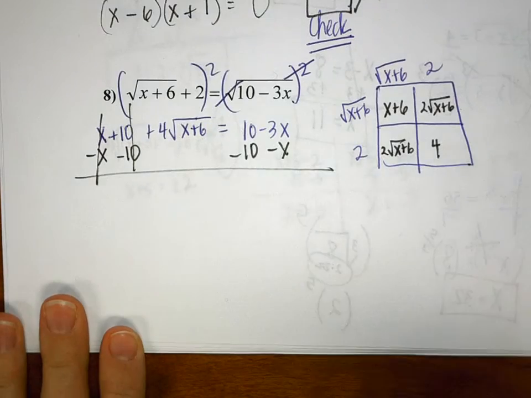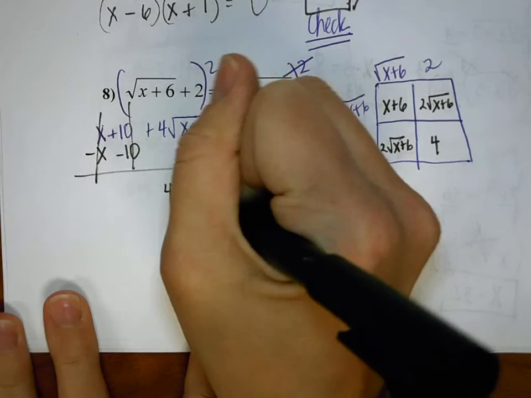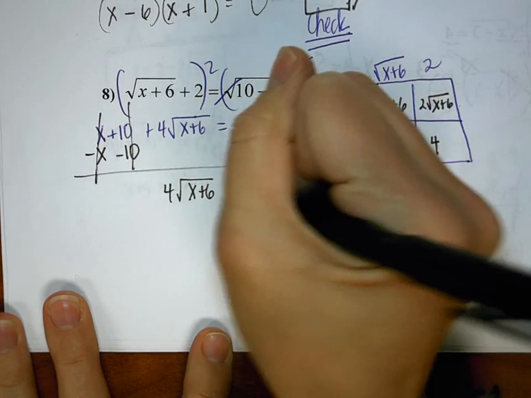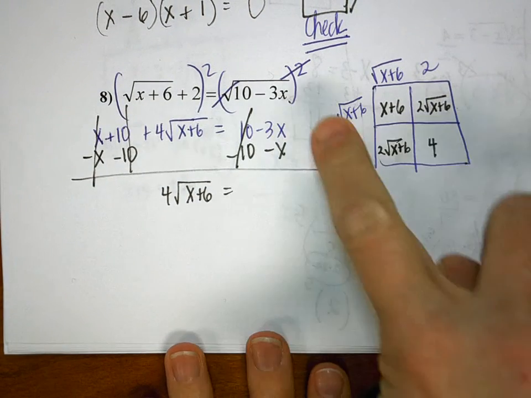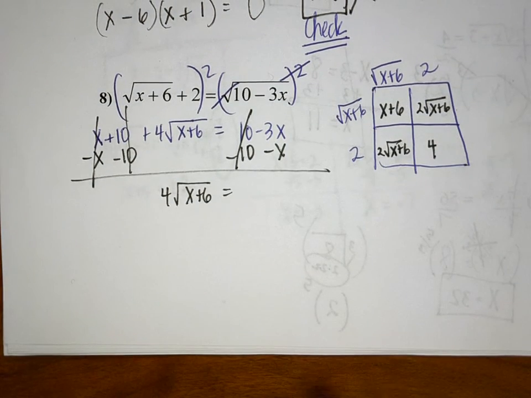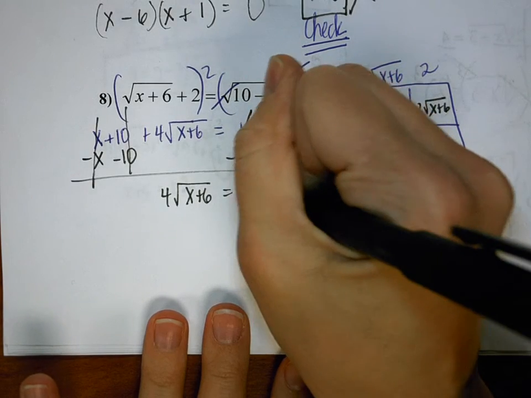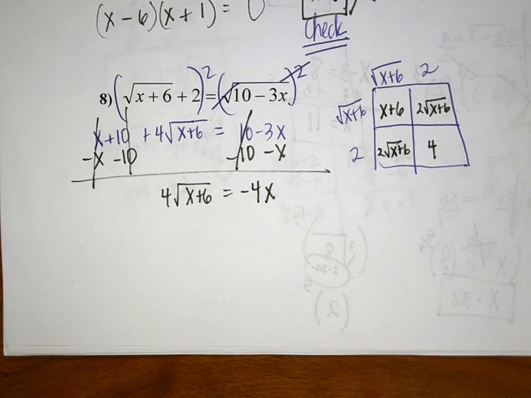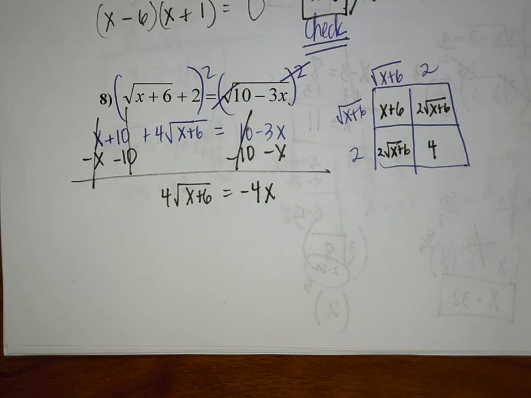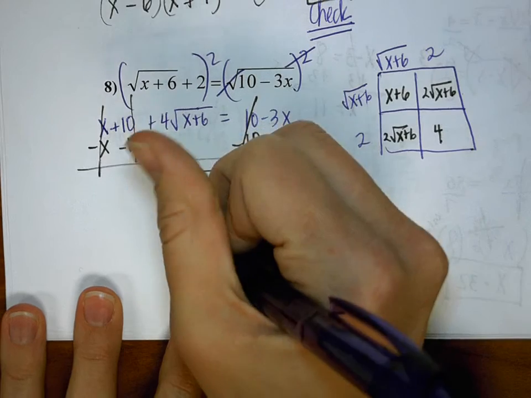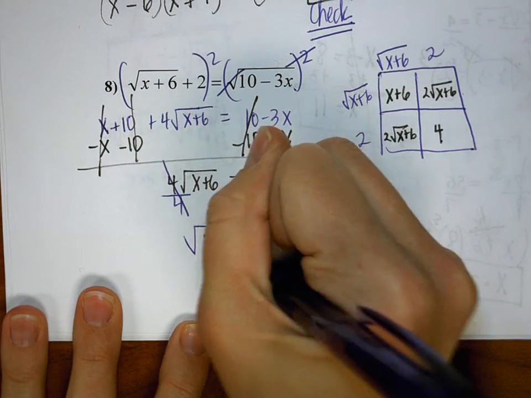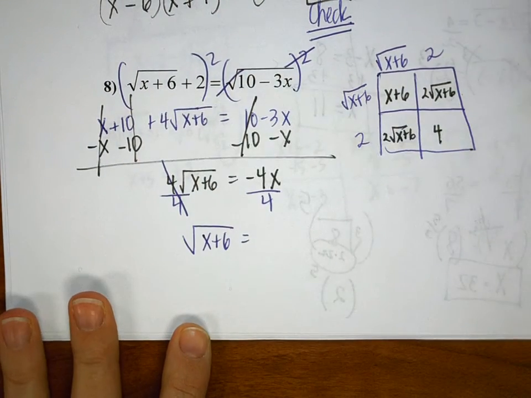And so right now I have 4 root x plus 6 equals, here these cancel out, and negative 3x and negative x makes negative 4x. Okay, now what do you think? Okay, divide by 4. So now I have root x plus 6 equals negative x.